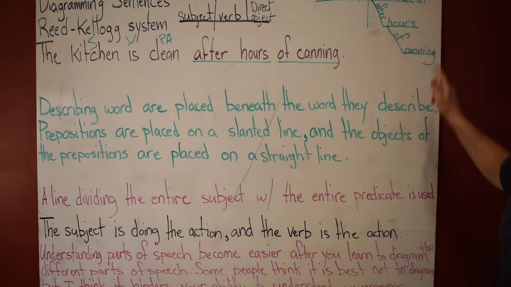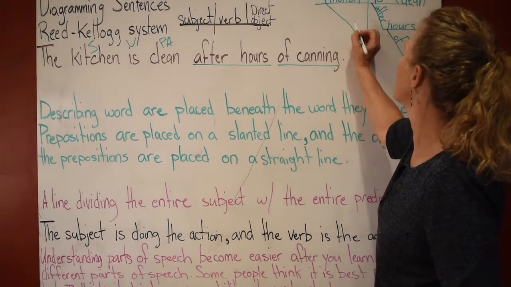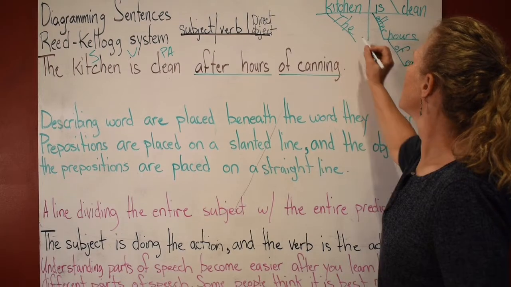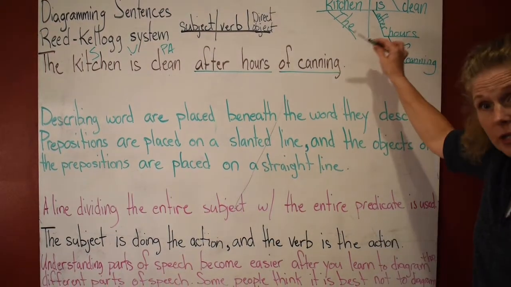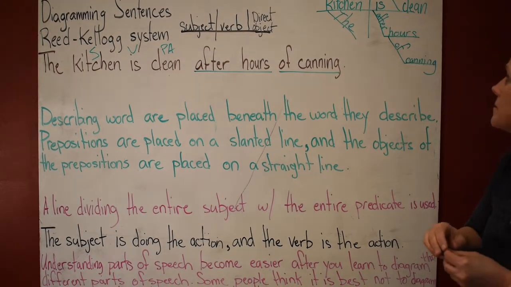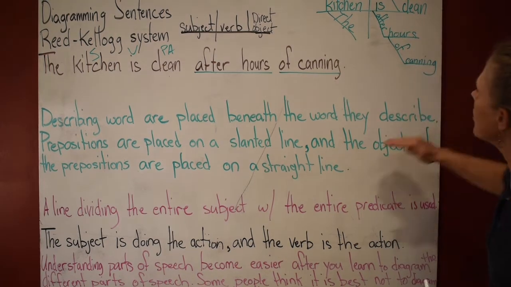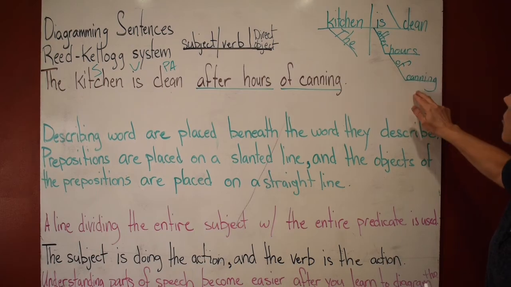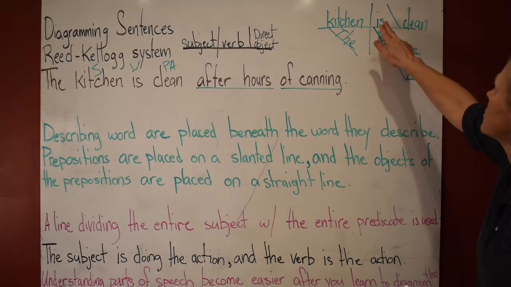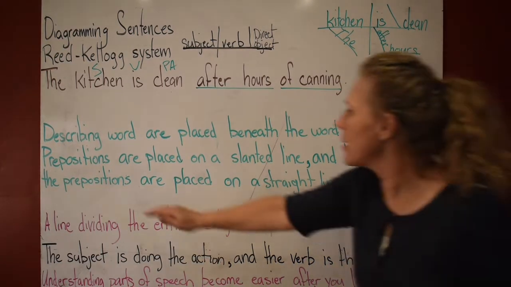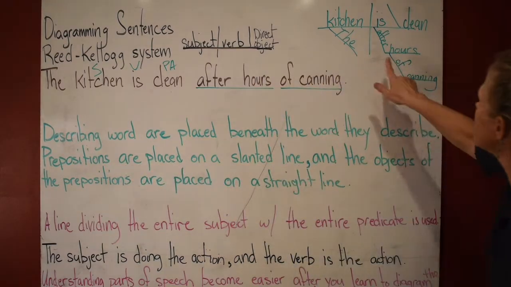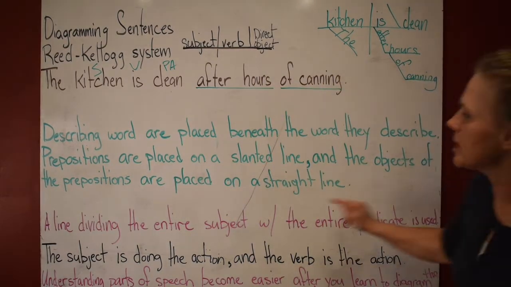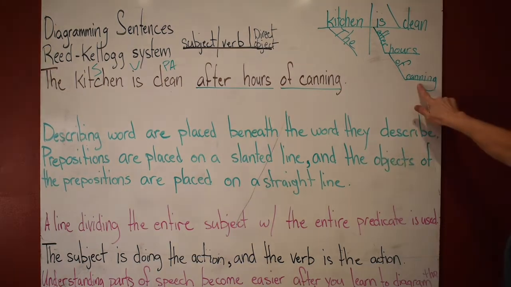Look, it's beneath. Oh, we forgot a word right here. The. This is an article, but it's also an adjective. Articles are adjectives. And it's describing, so it's going beneath the word it describes. Prepositions are placed on the slanted line, and the objects of the preposition are placed on the straight line.